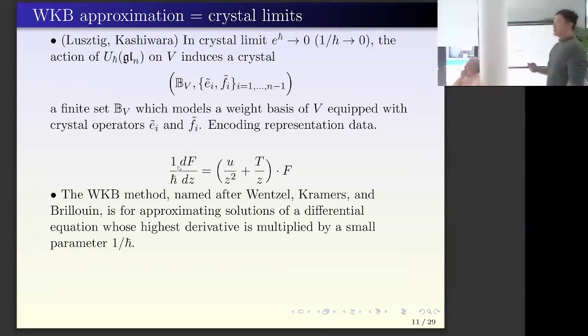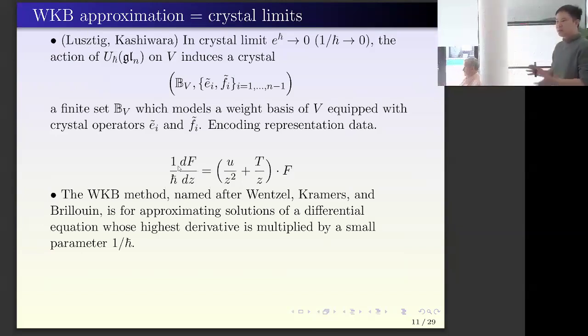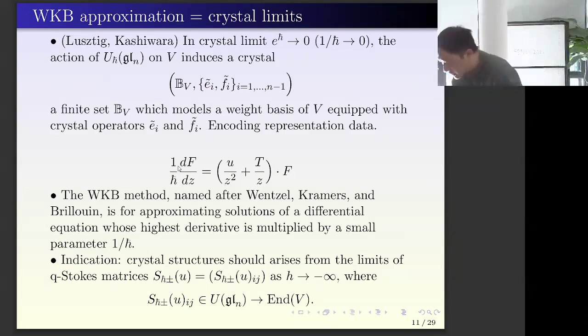Therefore, Lusztig and Kashiwara's work indicates that the WKB approximation of this linear ODE will produce the crystal structure. So this is an indication. The WKB methods first appeared in the study of the Schrödinger equation in 1926, I guess. So this is the idea: why the WKB, why the singular perturbation, should be related to crystal basis theory. Okay, let's make it more precise.